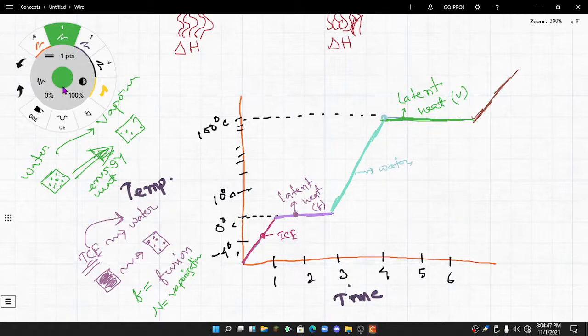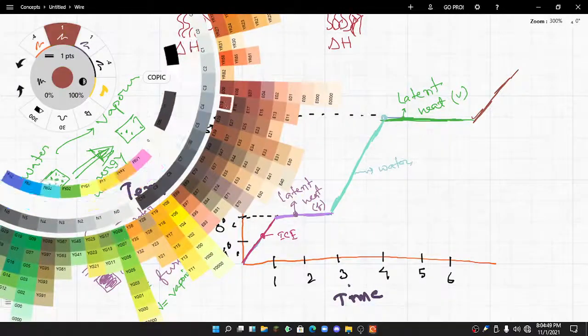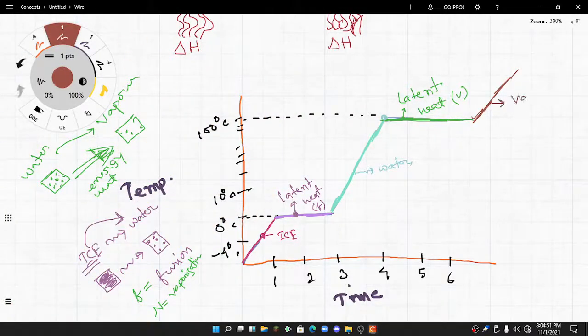Then this state is vapor. Okay, now it's chill. So we can say that all is vapor. Yeah, right.